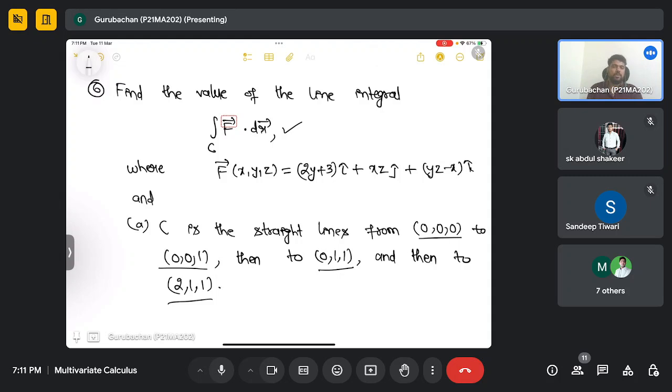Yes, Sandeep ji, you were saying something? No, sir. Okay, so first of all, calculate its curl. Till then, I am writing the thing that I have said to you.